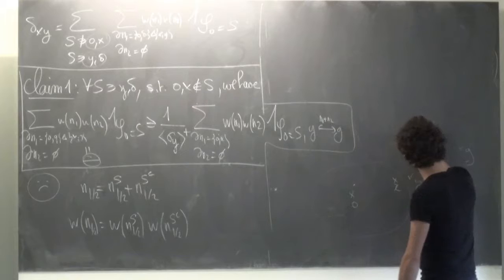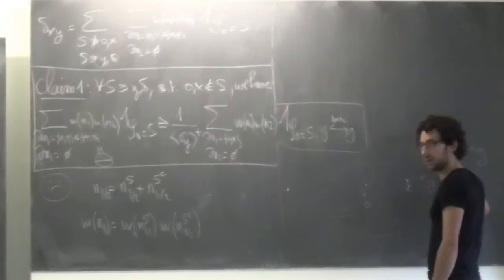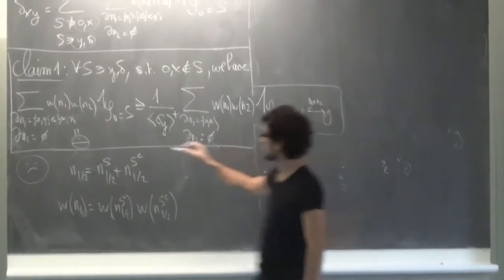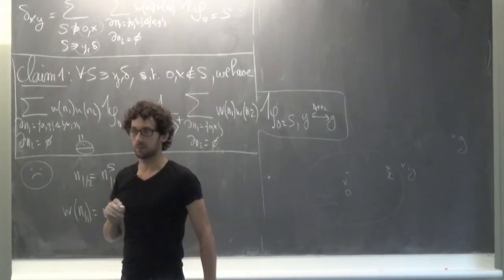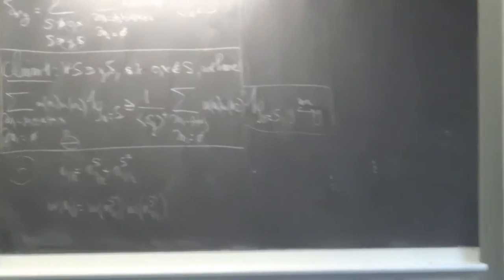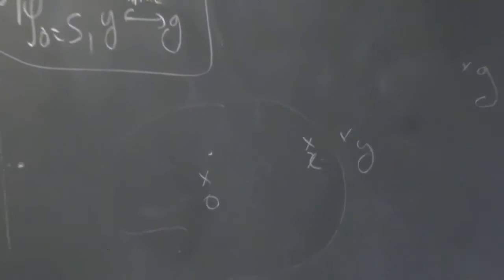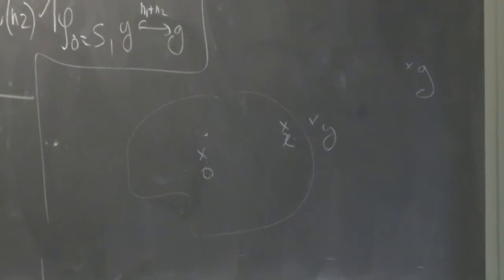So N1S is the sum, is the current on this thing. So the sources are Y and G.